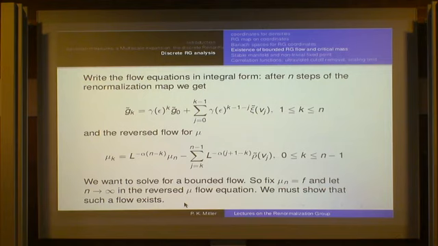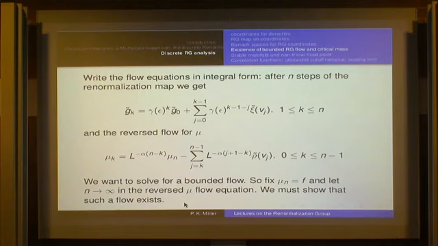But for the mu, I'll do exactly what I did in the approximate calculation. I take the reverse flow. The reverse flow says that I've given all this up to n, and what is mu k? The reverse flow is that. But then I make the same assumption as I made last time, which is, let us assume that mu n is uniformly bounded, and let's try to solve the equation.